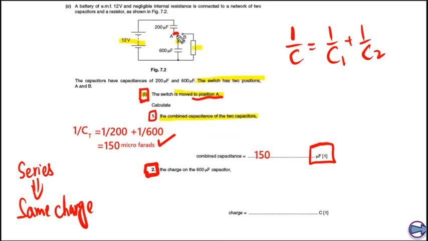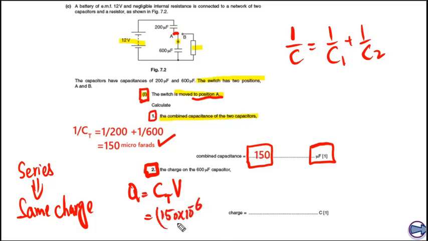Same charge. So how can we find the total charge on the capacitors? Simply, the total charge is equal to C total times the EMF of the battery. The total capacitance we have found is 150 microfarads. We write 10 to the minus 6 because it is in micro, and multiply by 12 volts.